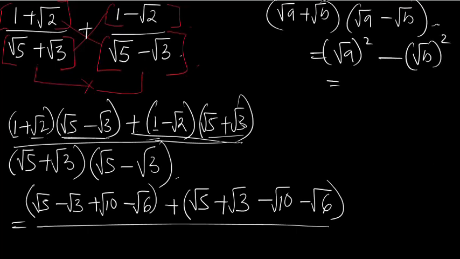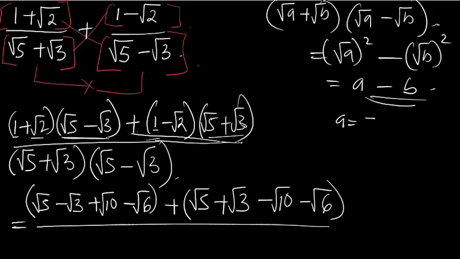So this will give you a minus b. It's just simple. So that is what we're going to get here. In this case, a is equal to 5 and b is equal to 3. So we expand this expression, we have 5 minus 3.